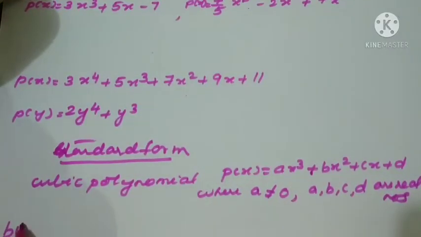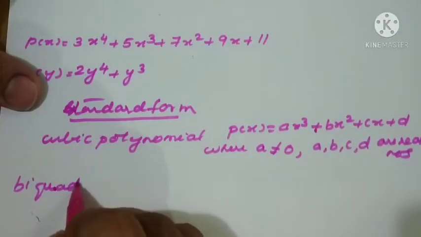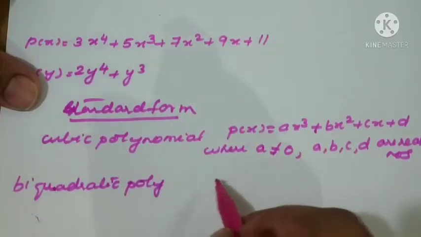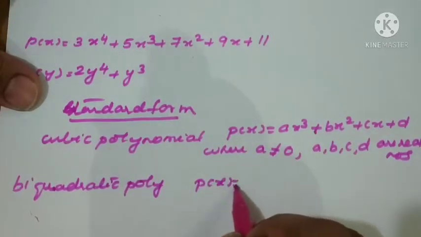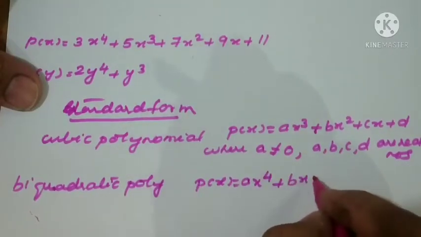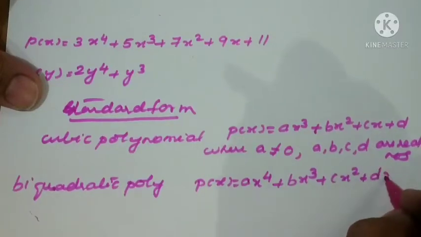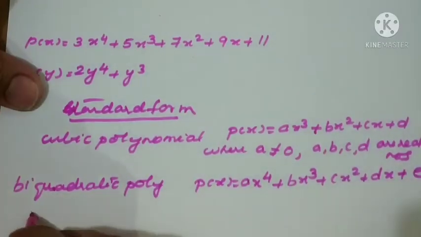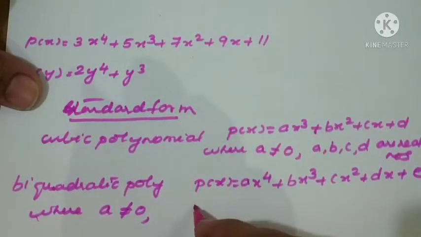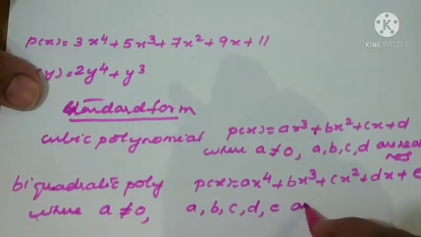Similarly, for a biquadratic polynomial, what is the standard form? P of x equal to ax raised to 4 plus bx cube plus cx square plus dx plus e, where a not equal to 0, and a, b, c, d, e are real numbers.